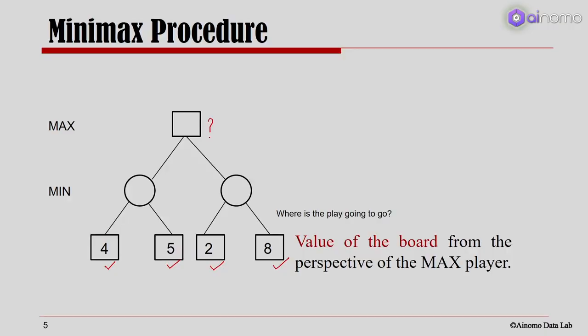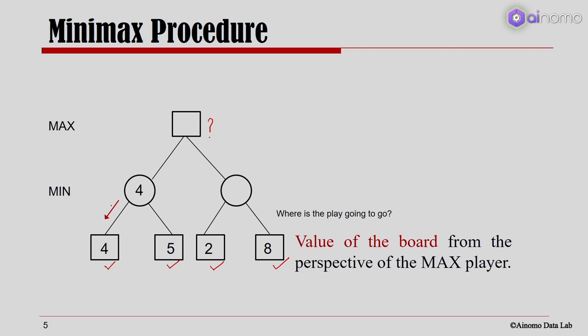If you look at this node of the tree that Min is playing, Min would rather go to the left here than here, because going here would give him a 4, whereas going here would give him a 5, and his idea is to keep the score as low as possible. So he goes there and backs up this node value as 4.